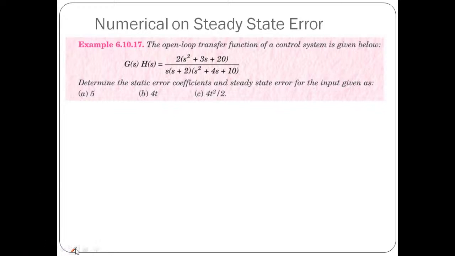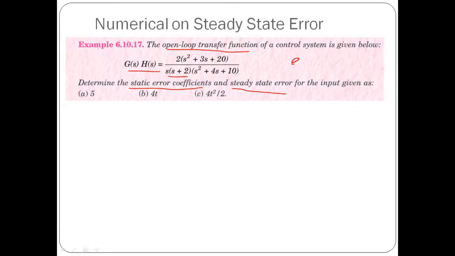See, it is again simply a formula based numerical, and here the objective is, we have an open loop transfer function of a system like G(s)H(s) is nothing but (2s^2 + 3s + 20) divided by s(s + 2)(s^2 + 4s + 10). And in this case, our objective is to determine the value of error coefficients and steady state error.